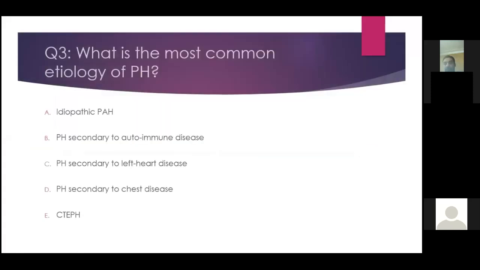Okay. So what do you think? Is it A, B, C, D, or E? Okay, go ahead and participate, everyone. You can write your answer. We have 1 A, the idiopathic pulmonary arterial hypertension.